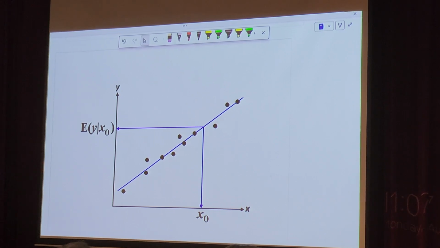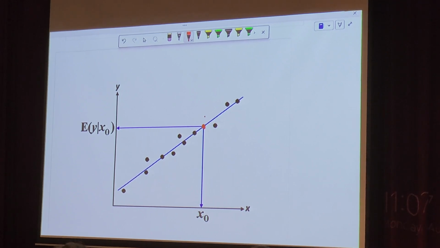So this point on the line here is called the fitted value or the predicted value. And that point also happens to be the mean of the response y at the point x0. So what we want to do now is to estimate this quantity.